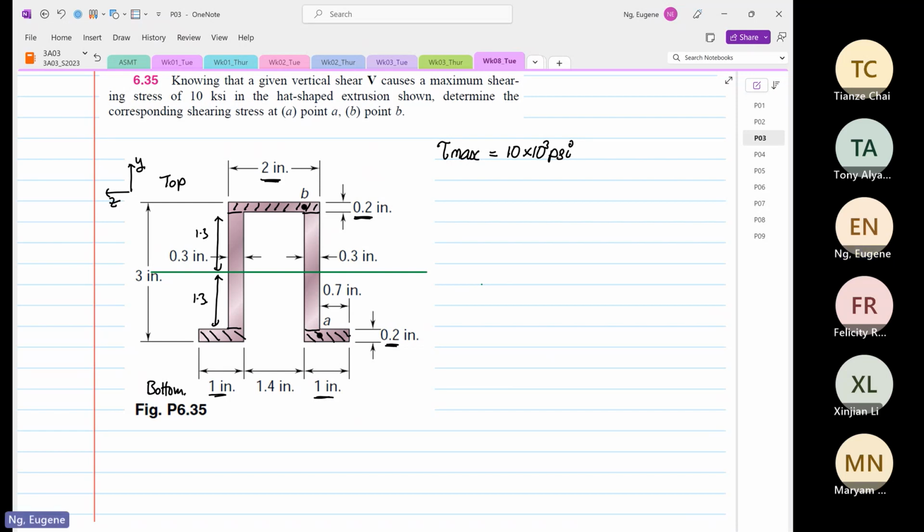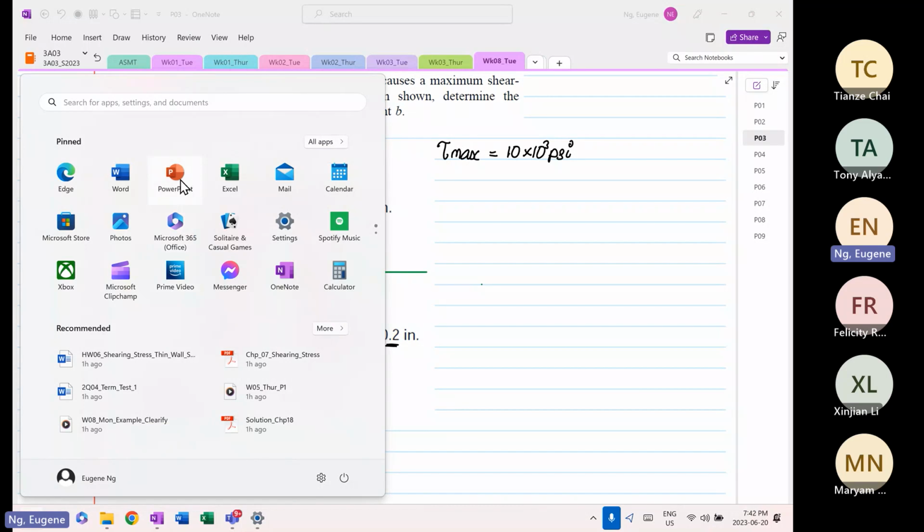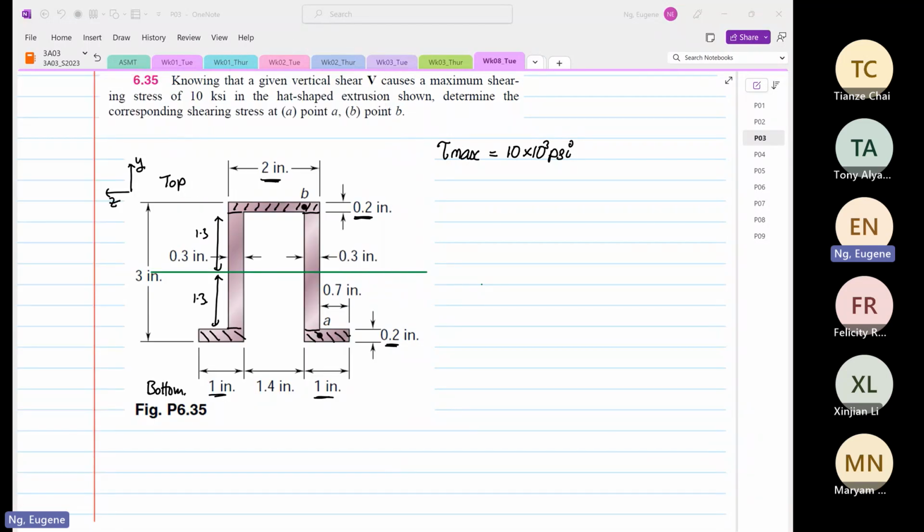Now, the next question we ask is, is this a box beam or is this a wide flange? Anyone? Can you tell me whether you would classify it as a box beam or a wide flange? Any volunteer? What do you call this? It's a hat.